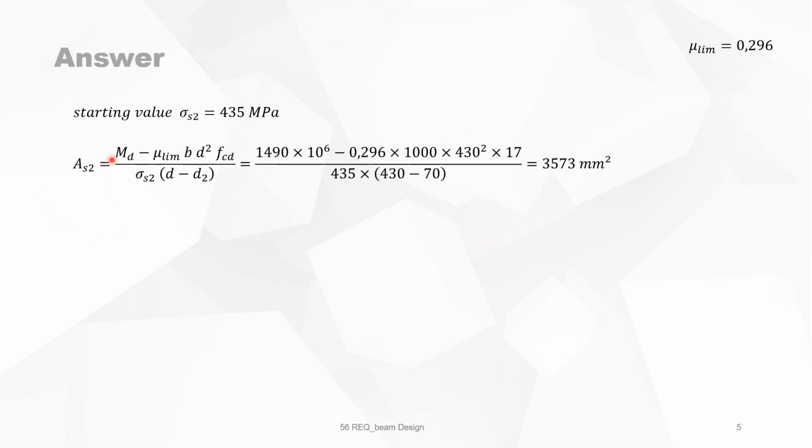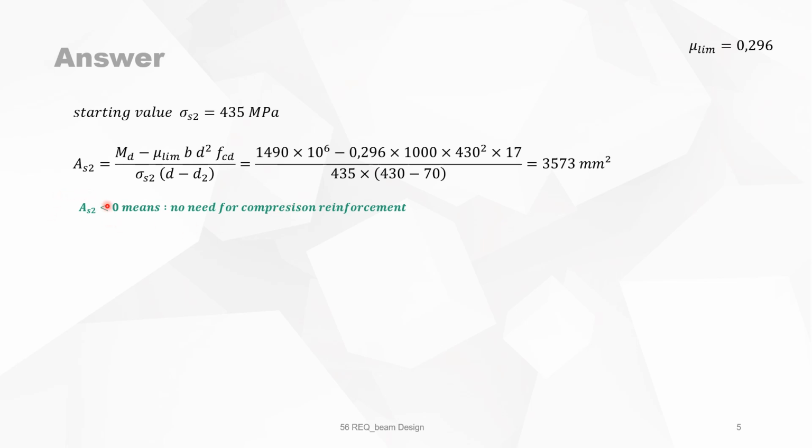So the compression reinforcement is the difference between the actual bending moment and the target bending moment divided by the lever arm. So M_Ed we can fill in with the proper units. Mu limit we know is 0.296, b is 1 meter, d is 430 times f_cd, divided by the stress. But remember, this stress is a gamble, so we have to check if this is right. And d minus d2.